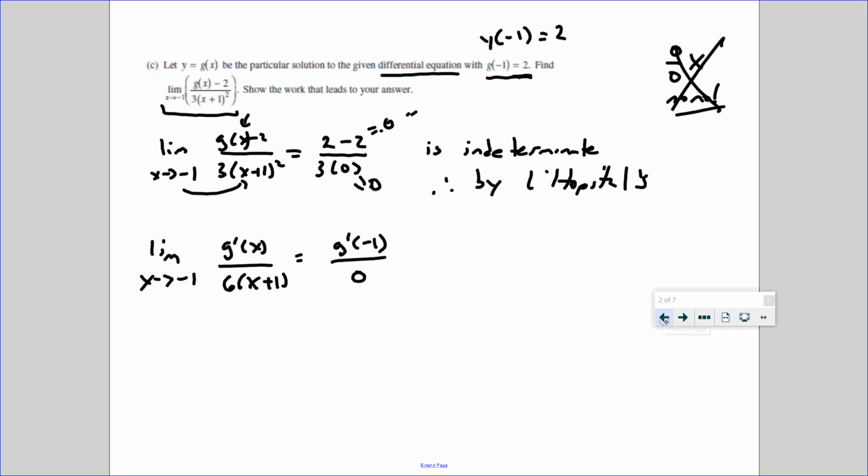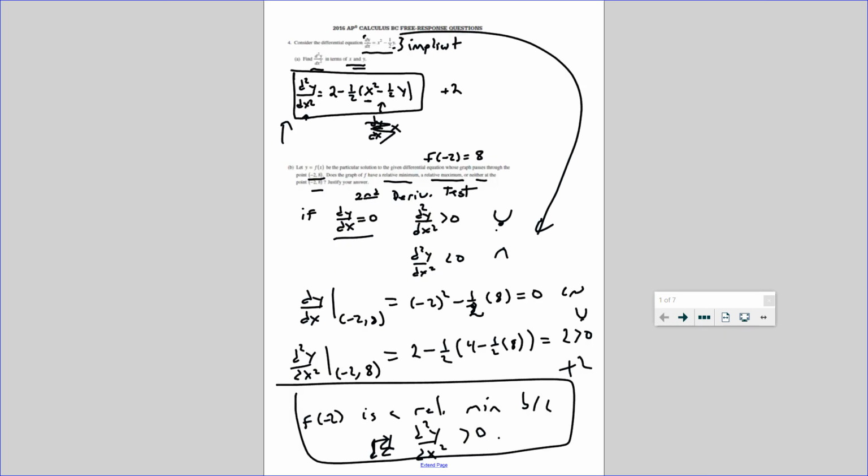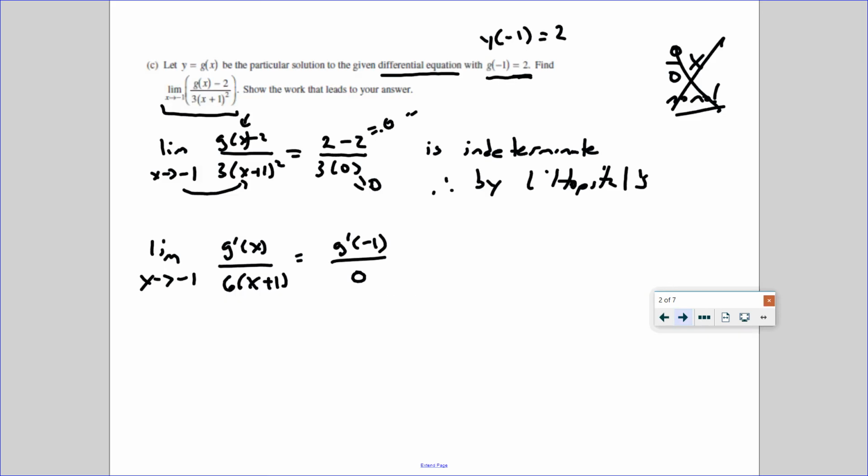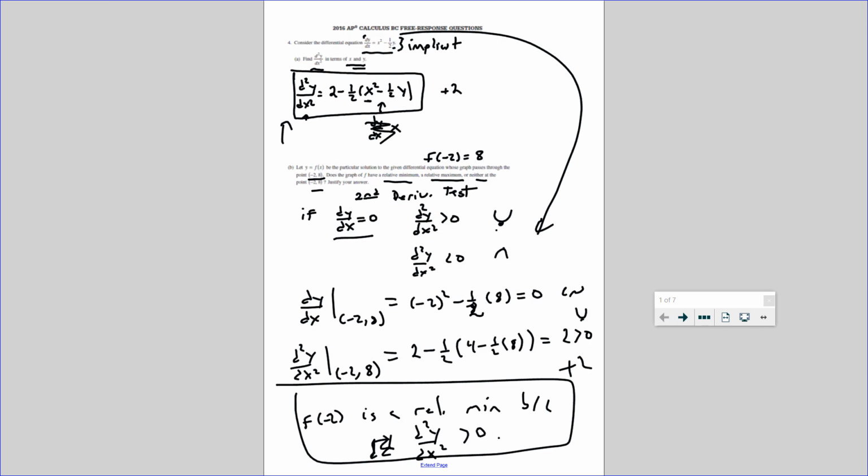To do that, let's go back. G prime of -1, well, I know that g prime is equal to f prime, or dy dx. And from part A, we know dy dx is x squared minus 1/2 y.